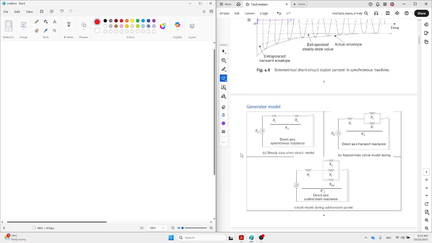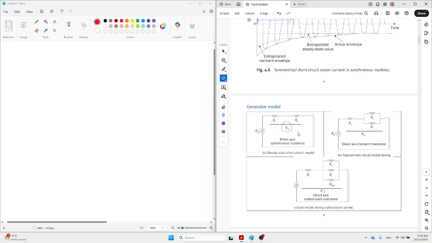During the steady state, can you remember XL and XA? XL was the leakage, XA was the armature reaction. Only those are there. So you can see the value here, it's XD.